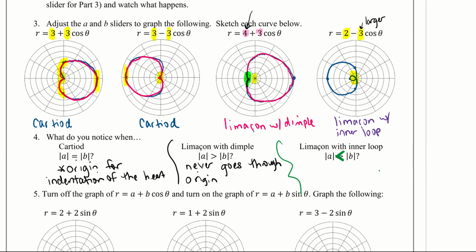Now this one with the inner loop will still go through the origin before forming the inner loop. And all of them have kind of this circular-ish, snail shape. But there's a couple interesting things about them.